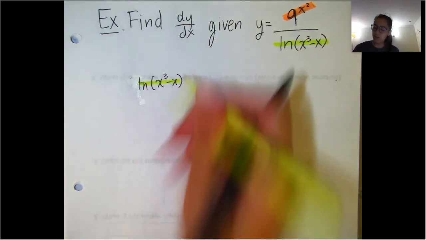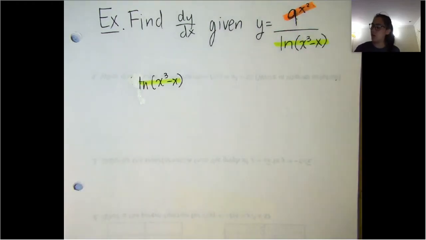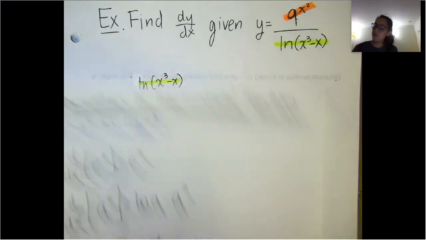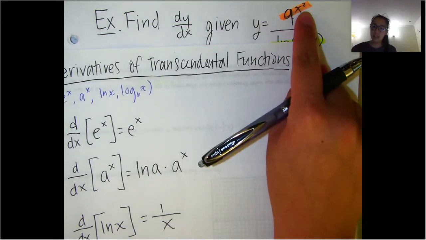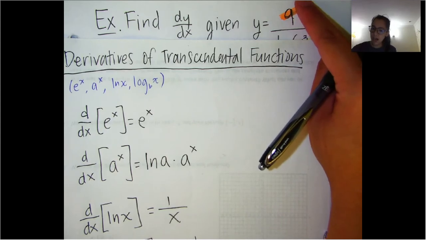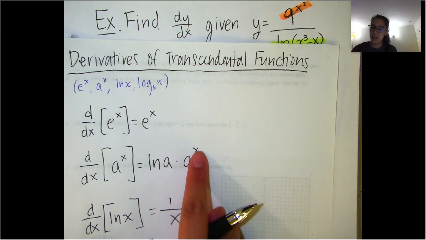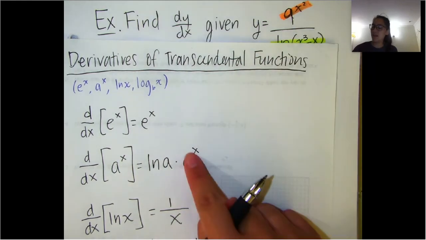D high, which is the derivative of 9 to the x squared. So I'm going to use my formula. The formula says that if it's 9 to the x, ignoring that it's x squared for now, it's going to be ln of 9 times 9 to the x. But since it was an x squared, you've got to make that an x squared.